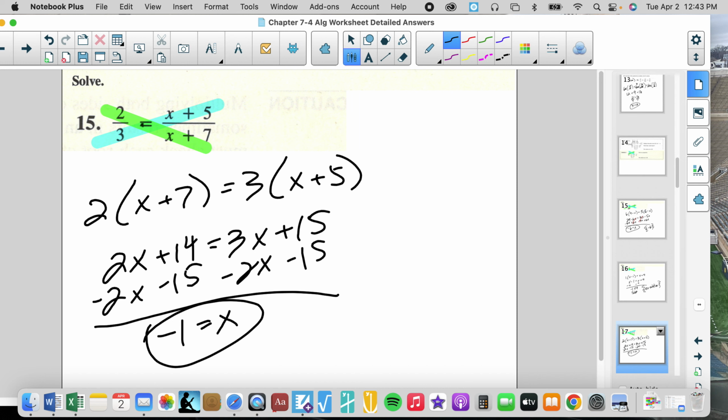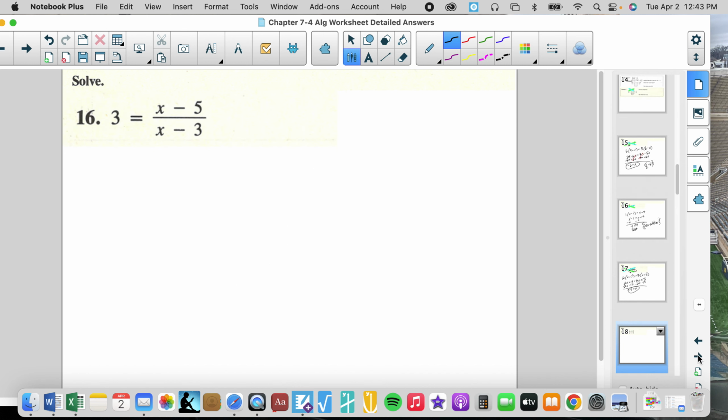So we get x equals negative 1. If I plug negative 1 in for x into the denominator, does this become 0? Nope. So we're good to go. I don't even have to check. I mean, yes, you could check. So that would give me 4 over 6, which, yes, simplifies to 2/3. We could mental math it, but my main concern is that my solution is not an extraneous solution. I think the word is extraneous solution.